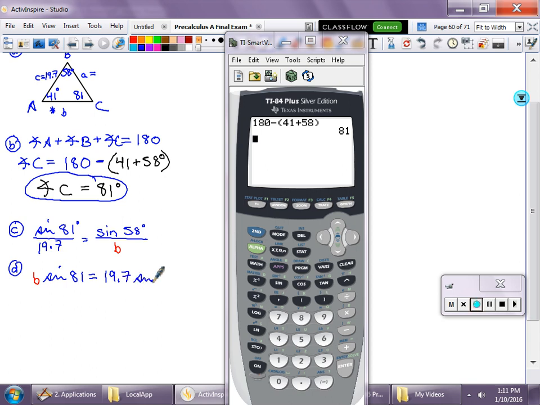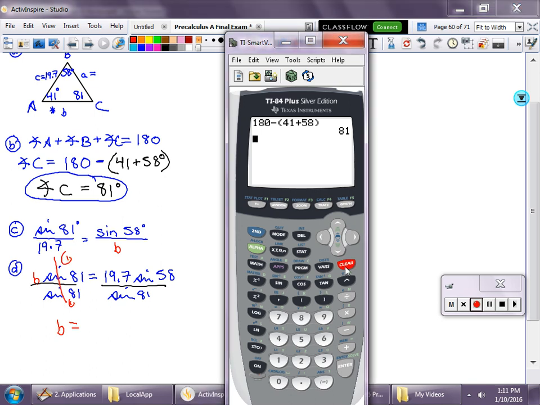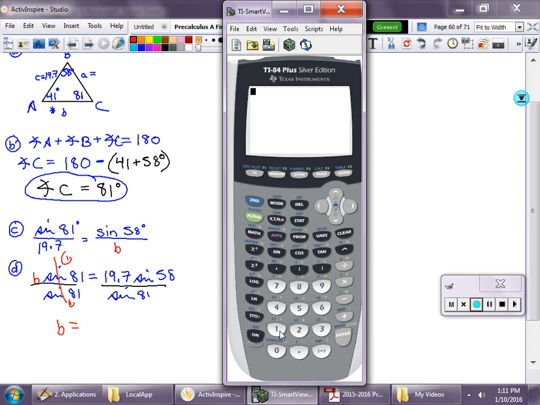Undo multiplication with division. A number or expression divided by itself is 1. So we get B, 1 on top, 1 on the bottom, is equal to, we just put this in our calculator, exactly the way it's written, 19.7 sine, and just don't forget to close the parentheses, divided by sine of 81.